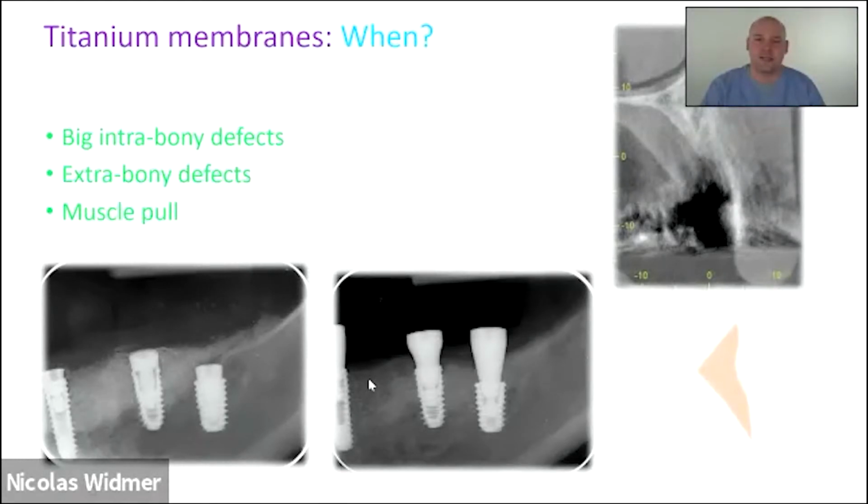Now you can see, the X-ray is not so good, but you can see bone resorption up to the implant shoulder. But where I had the titanium membrane, my bone augmentation was good. I had bone growth over the implant shoulder, and here also, but here the bone was already high.